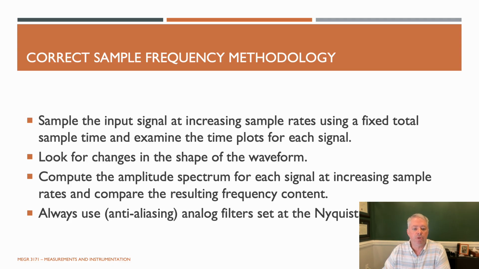Then you'll compute the amplitude spectrum for the signal, and look at how it changes with the different frequencies. Then you throw in an anti-aliasing analog filter at the Nyquist frequency. So you use the data that you've collected to work out the Nyquist frequency, and then you throw in an analog filter. That's the process, the steps that you take to sort this out.